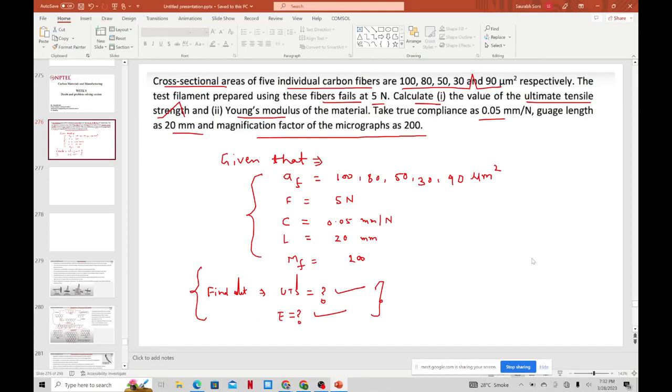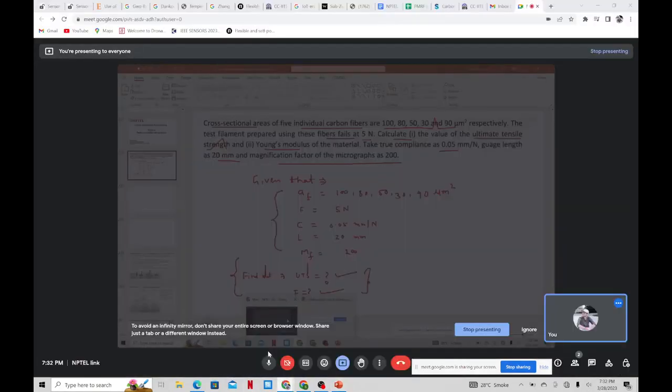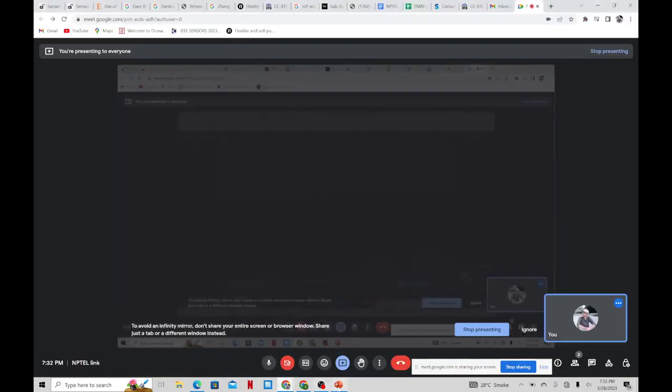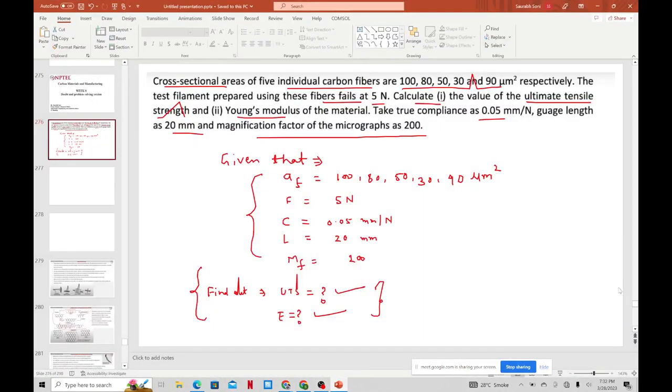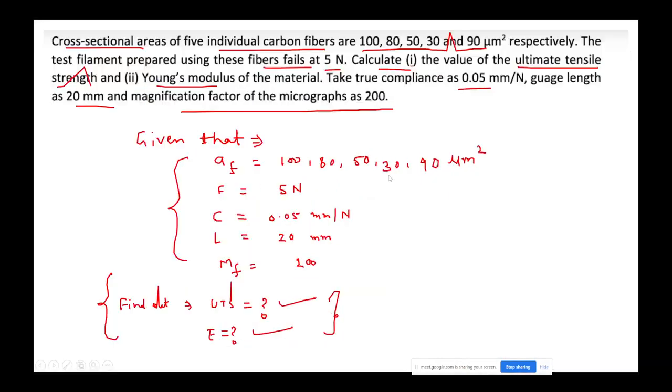Did anybody solve it completely? If not, let me solve this for you. If you have any doubt further, you can drop a message in the comment box.